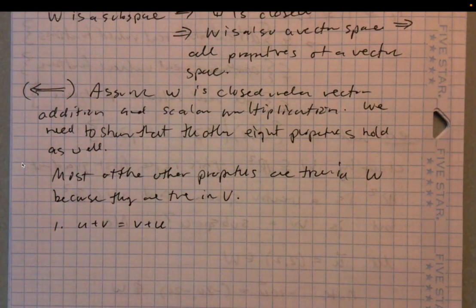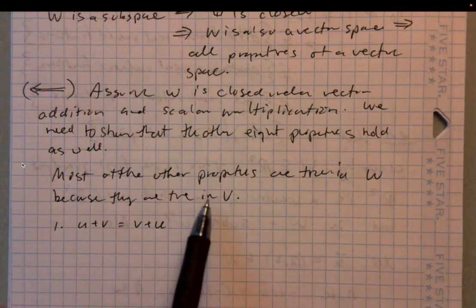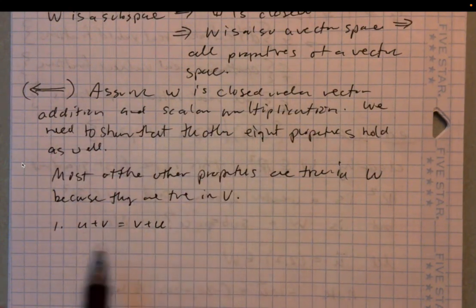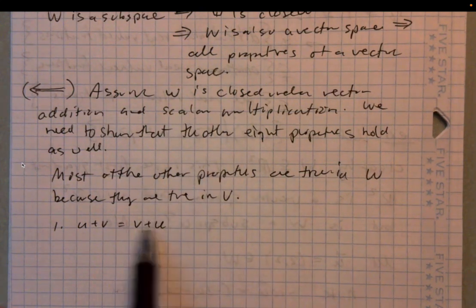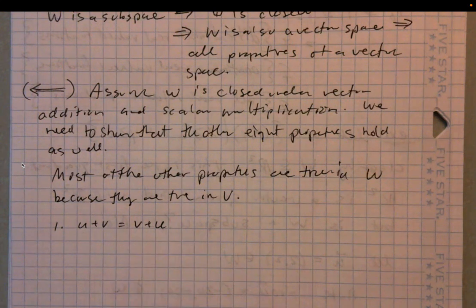We know that this is true because the vector space properties of V mean that this is minimally in V, but then we also know that W is closed. If u and v start in W, because of the closure that we're assuming, u plus v has to remain in W, and v plus u has to remain in W.